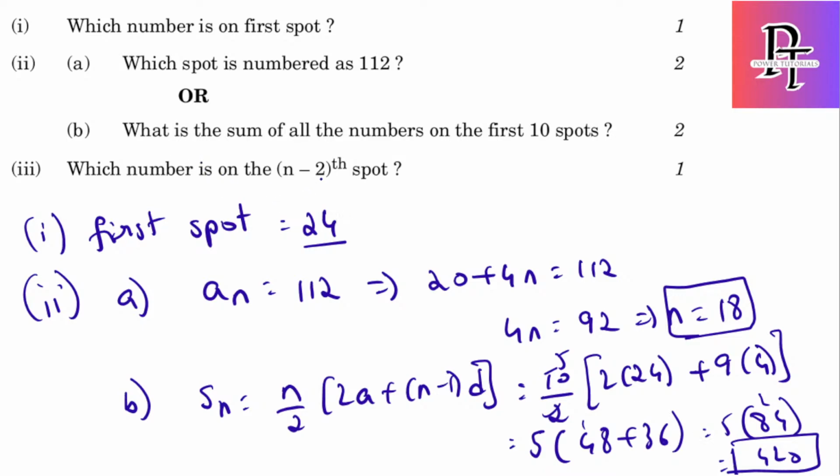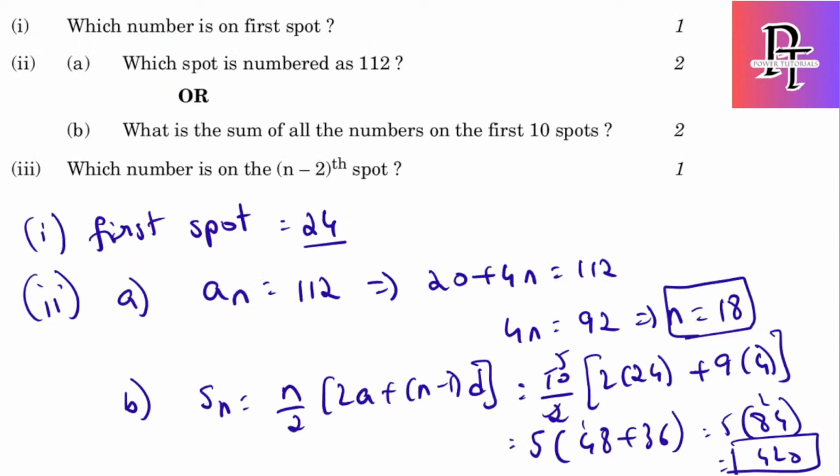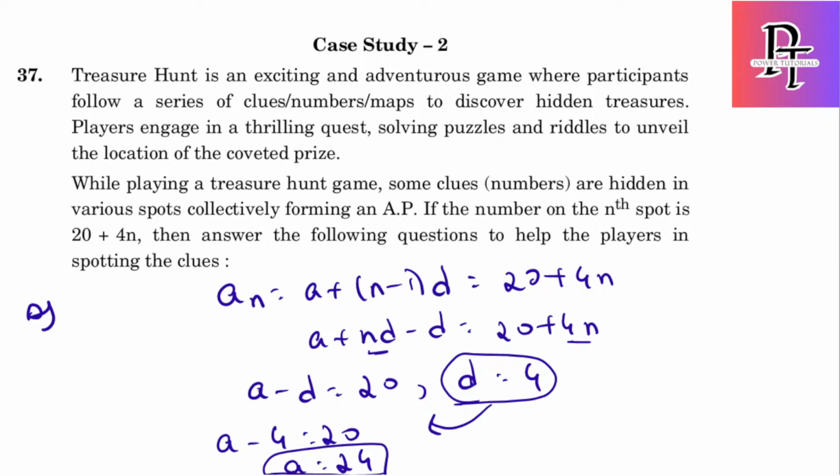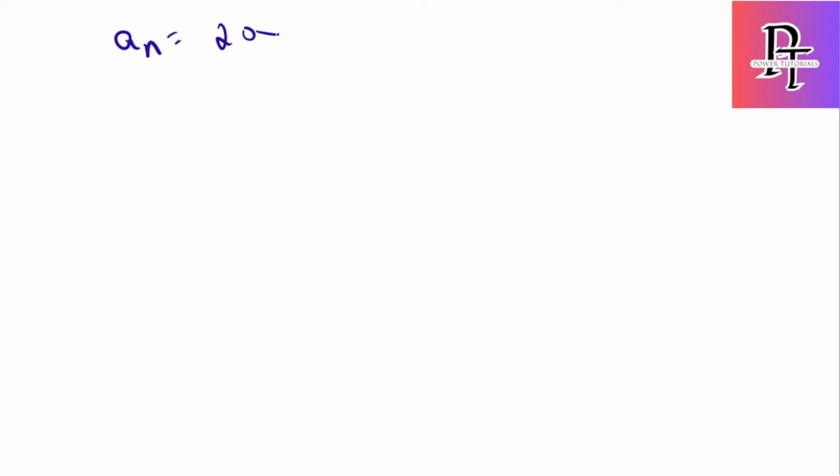Which number is on the n minus 2, n minus second spot? So simply just substitute n as n minus 2 in the already provided formula, which is an is equal to 20 plus 4n.